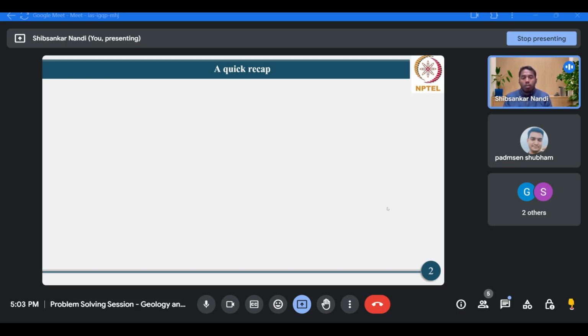Then we'll slowly move further to the problem solving part. Through this part, we'll solve a few selective numerical problems related to those topics, that will help us in better comprehending the course.